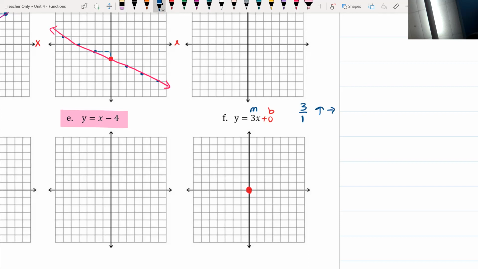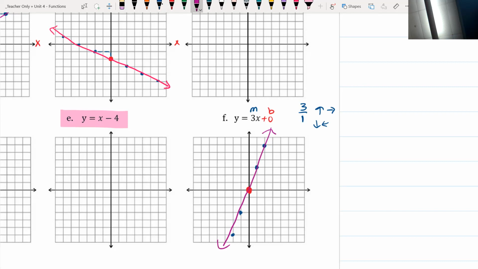Up 3 over 1, up 3 over 1. And then we go down and to the left because I can't go up and to the right any further. Down 3 over 1, down 3 over 1. And then we simply connect those points. I did a bad job connecting those points. That's a little better, not great.